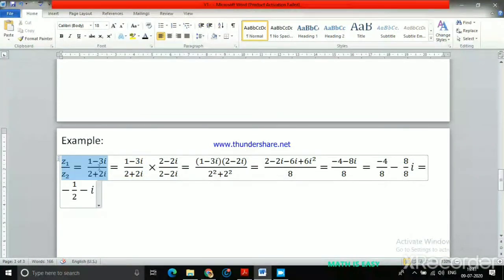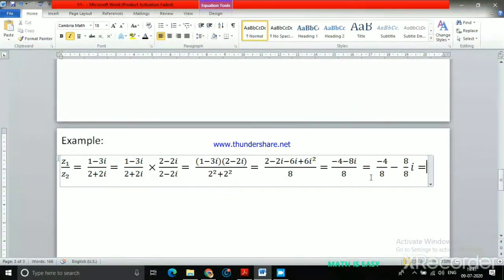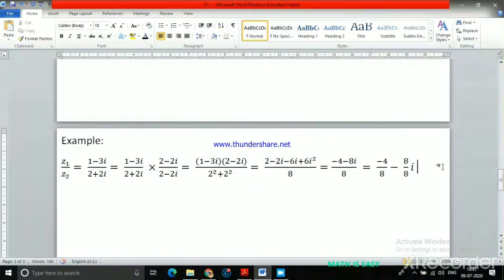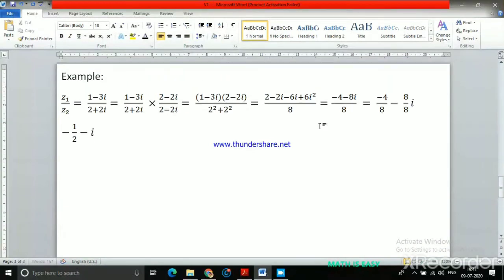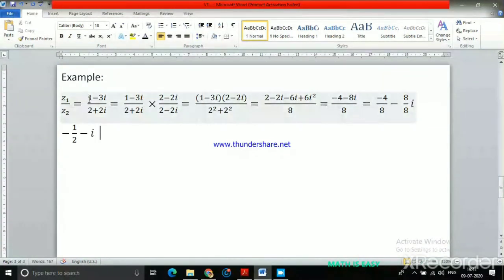Z1 upon Z2 equals 1 minus 3i upon 2 plus 2i. Here I taken Z1 as 1 minus 3i and Z2 as 2 plus 2i.